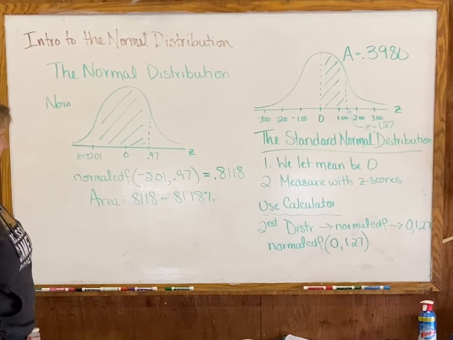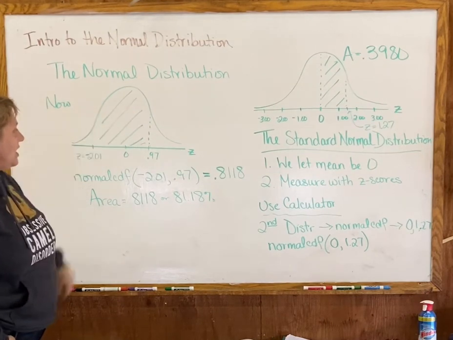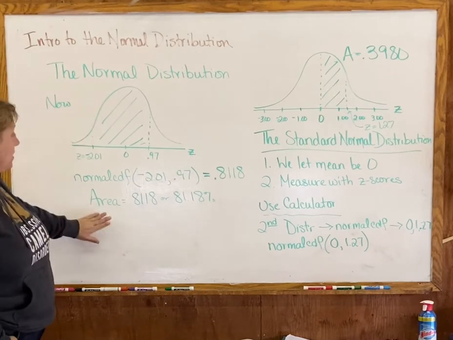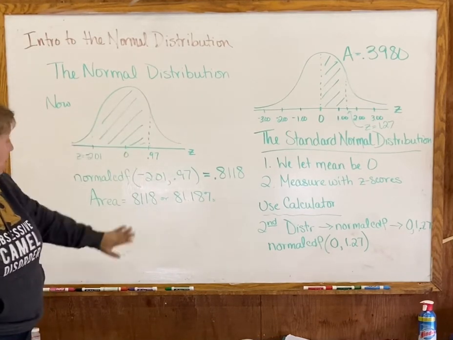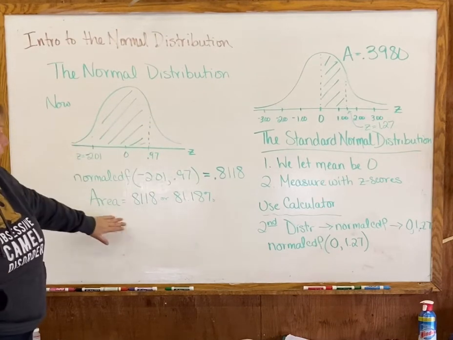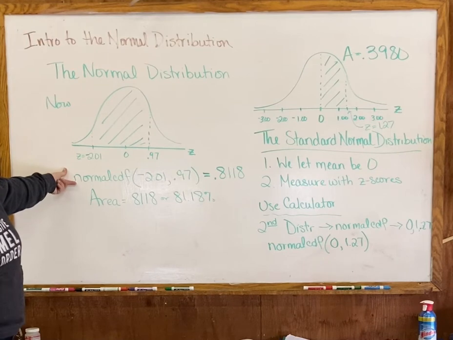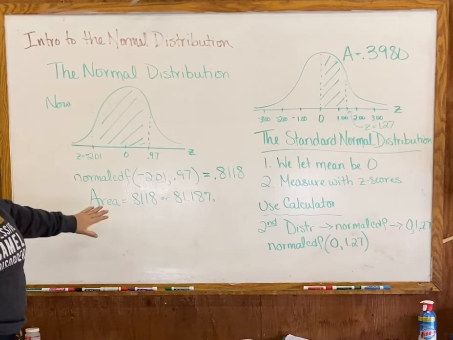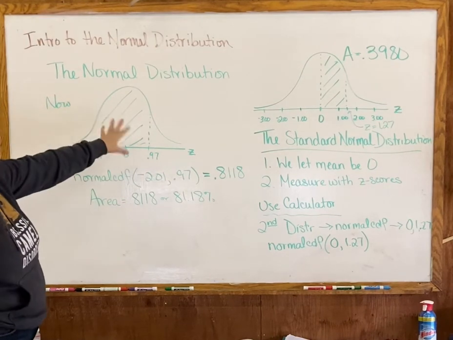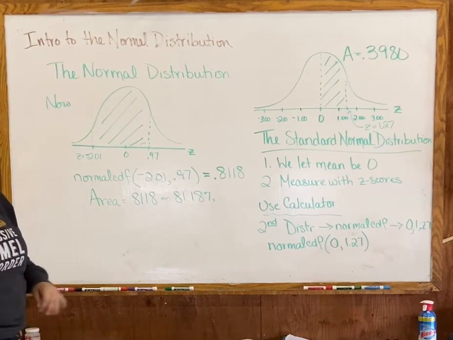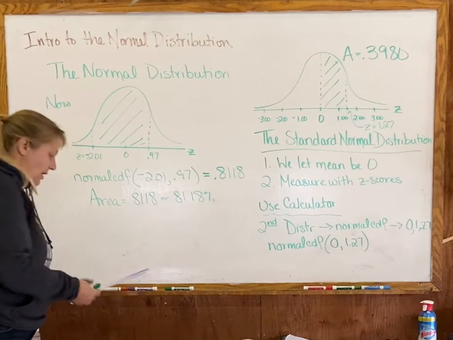It's not necessarily to scale or anything, but what we have shaded in here is 81.18% of the graph. And notice that every time you write this, you want to have either the word area or an A. Don't leave this out, because in everyday life, do people know what the heck that means? Nobody has any clue. But if you say area, they go, oh, area. Oh, I get that. Okay, the area is 81.18%. All right, so let's look at another one.